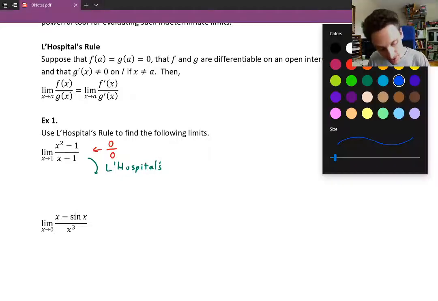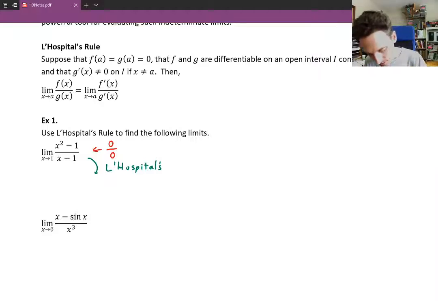Oh, I should mention that another way of writing it is L apostrophe H O with a little hat, and then without the S, and then P-I-T-A-L. So I'm kind of wishing I had taken French in high school, but oh well.